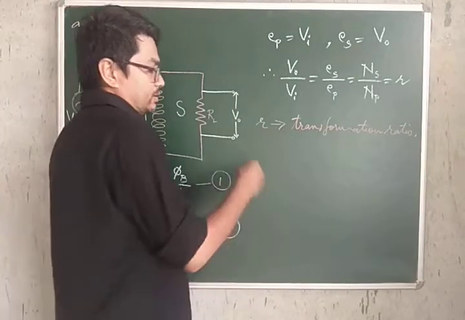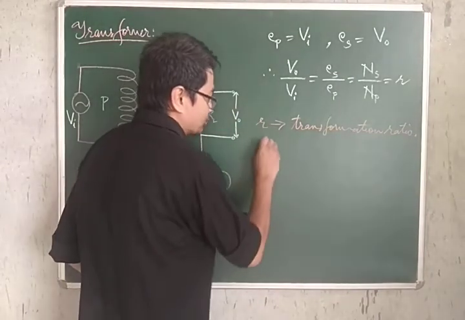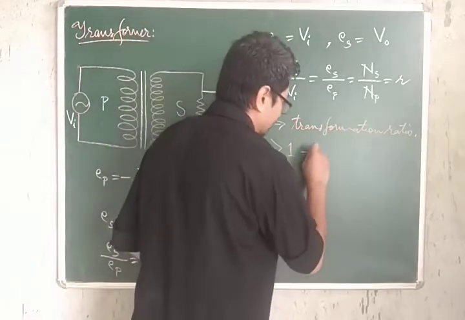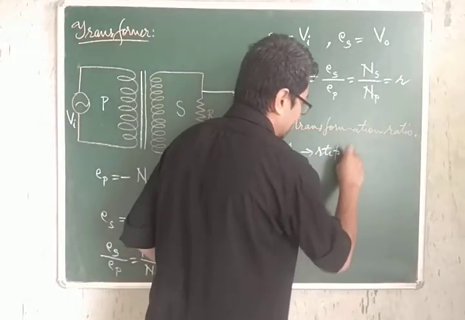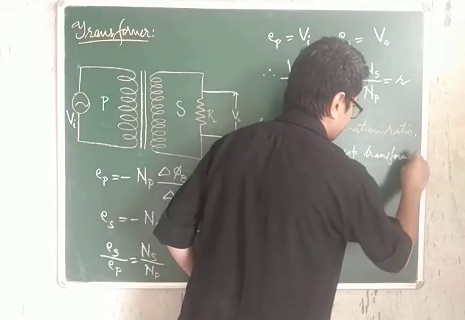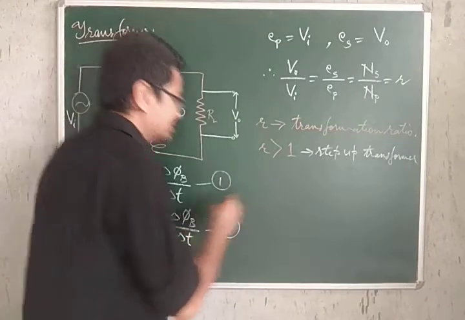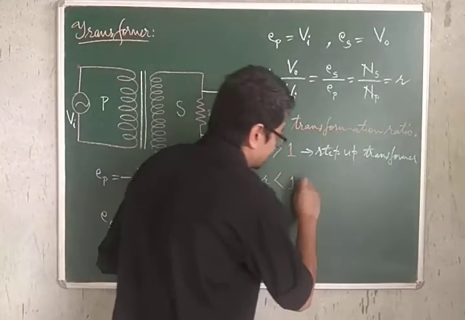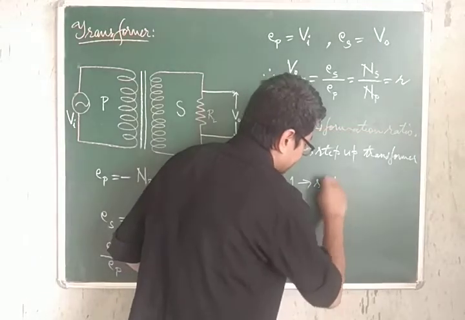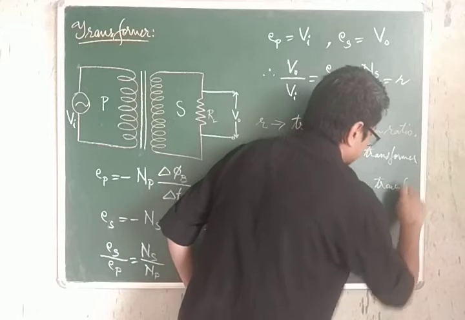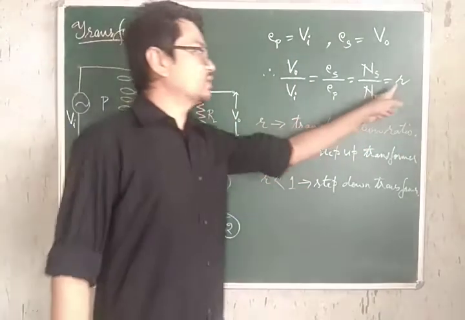Now for a step up transformer, r will be greater than 1. Whereas for a step down transformer, r will be lesser than 1. Remember that. You can make this out from here itself.